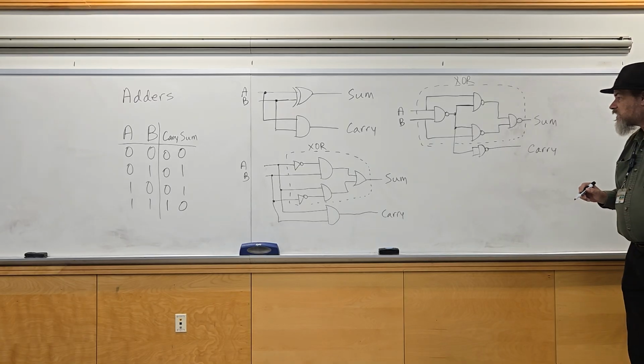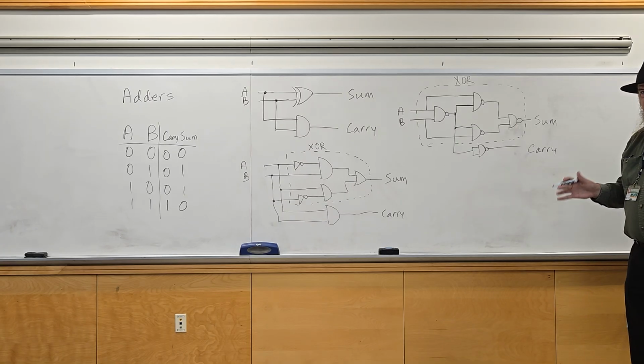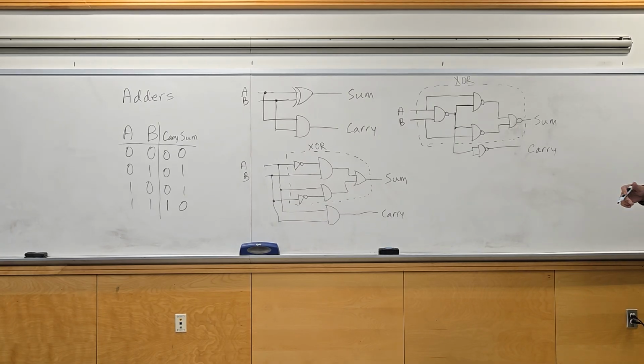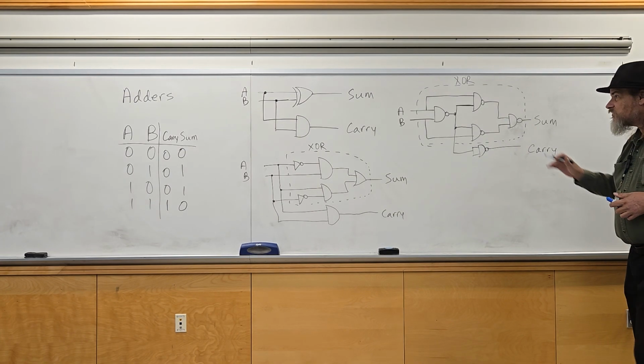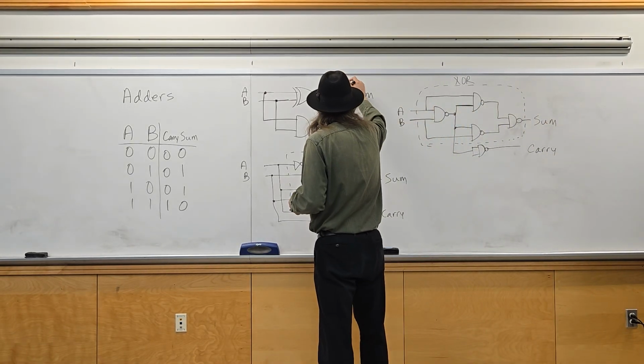Now, this is all well and good for just adding 2 bits together, but most computers add more than 1 bit at a time. So what you have is a full adder. This, by the way, I'm sorry, I should have specified, is called a half adder.